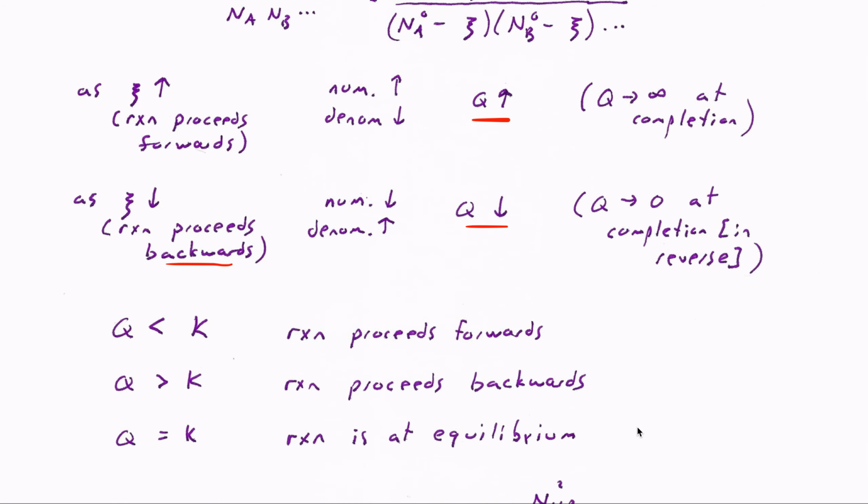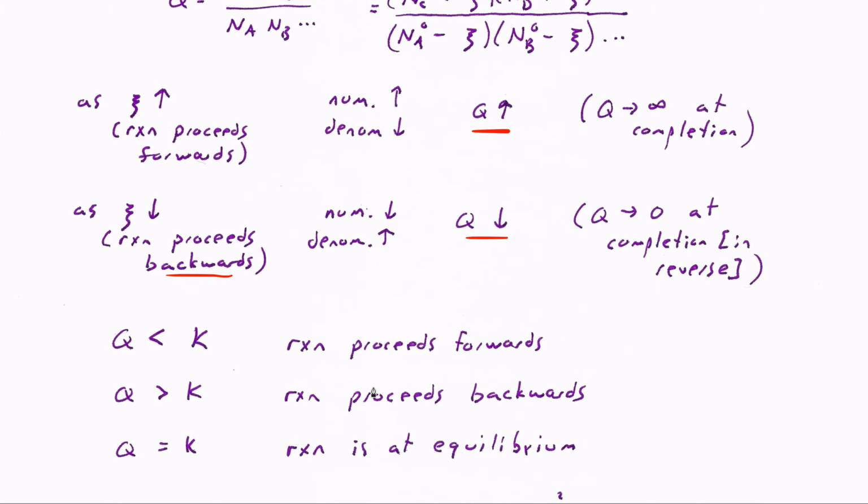So those statements lead us to the following conclusions. If Q happens at any given moment to be less than the equilibrium constant, we know Q is going to change and become equal to the equilibrium constant to reach equilibrium. The way Q gets larger is for the reaction to go forwards. Remember, Q gets larger when the reaction goes forwards. So when Q is less than K, the reaction will proceed forwards in order to reach equilibrium.